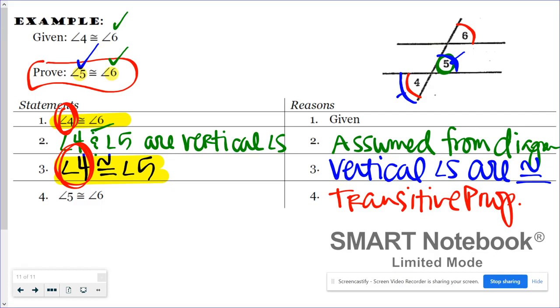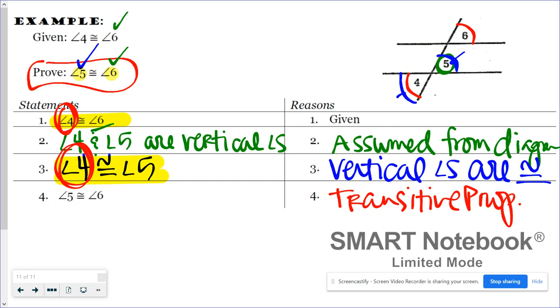Okay, so those are the basics of proofs. Assumptions from the diagram, there isn't a lot we can safely assume. When it comes to the proofs, vertical angles are going to be a big one. Vertical angles are very, very helpful in many proofs. They don't tell you that you need them. Okay, so I call vertical angles look-fors.